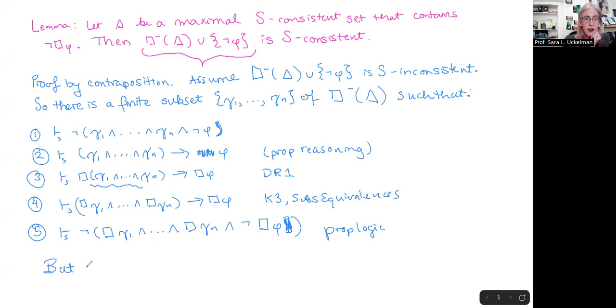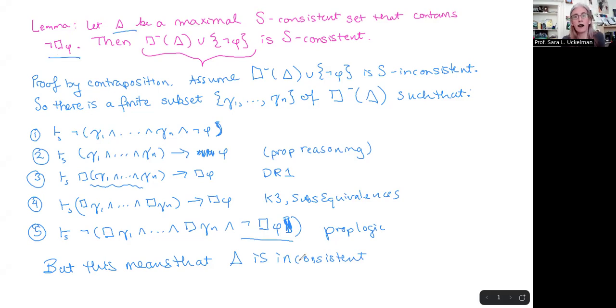But this means that delta is inconsistent because, let's look up here, delta is a set that contains not necessarily phi, but where did all of these gamma come from?